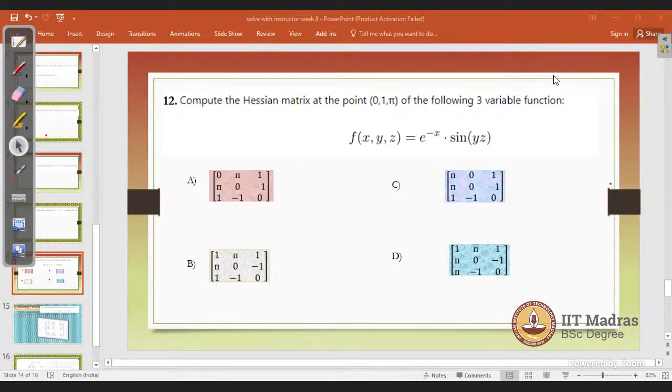Don't rush. I just want the correct answer. It doesn't matter how much time you take. I will give you around 5 minutes for this question. This is the last question, so we can take enough time for this one. It is actually lengthy if we go with the conventional method.